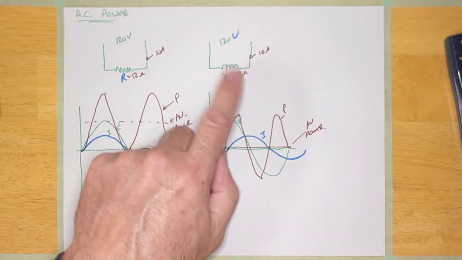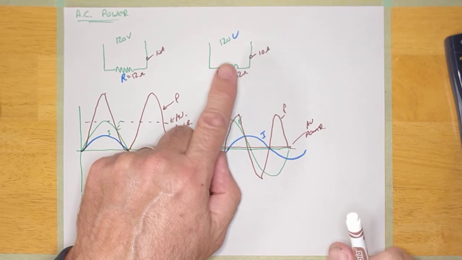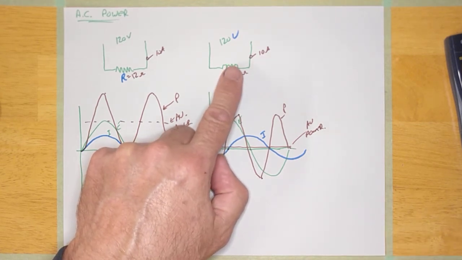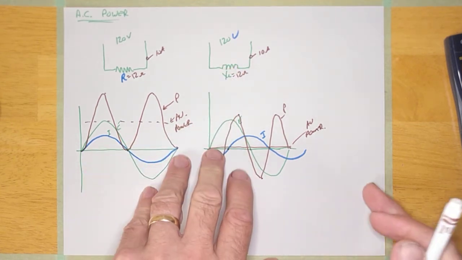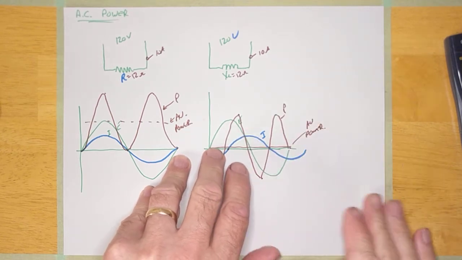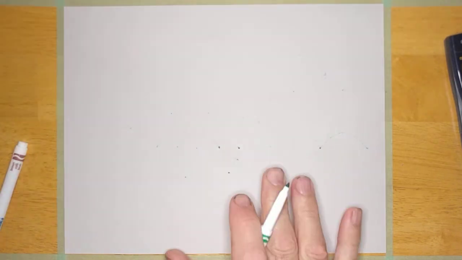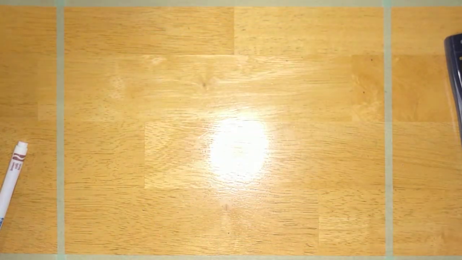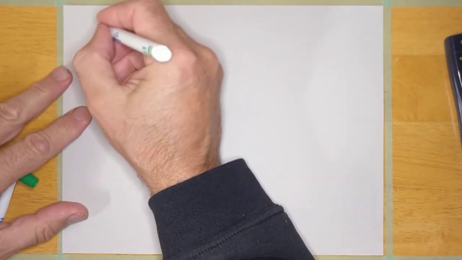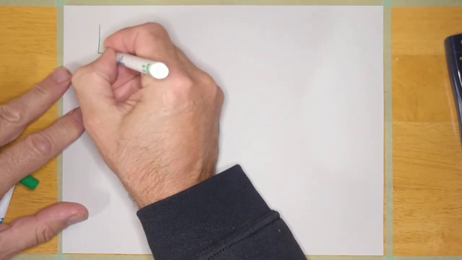Now, this isn't really a very realistic circuit, and the reason it's not realistic is because it's strictly inductive. In real life, you would have a circuit that is an RL series circuit maybe. And so just for fun here, I'm going to flip this over. I'm going to draw my RL series circuit, and we're going to take a look at what that would look like. We'll get a fresh page here. An RL series circuit would look like this, right?